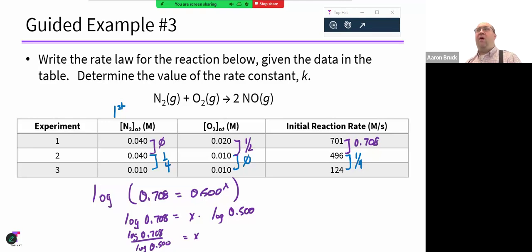Now we just need to figure out what that value is. Log of 0.708 divided by log of 0.5. And what we get here is 0.498, which we're going to round to the nearest fraction.